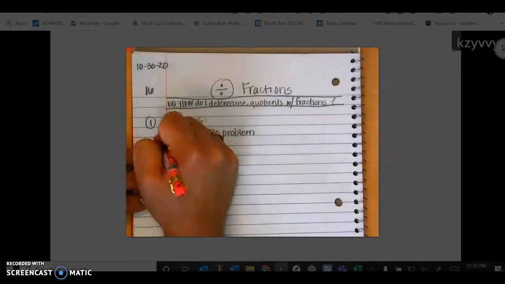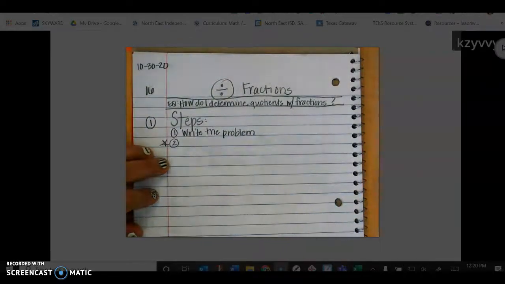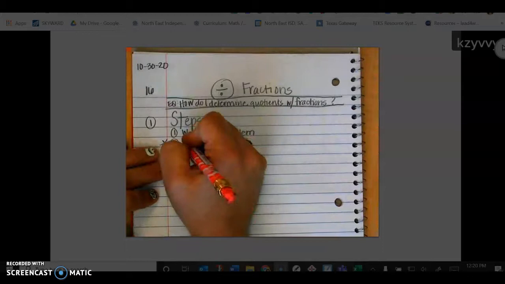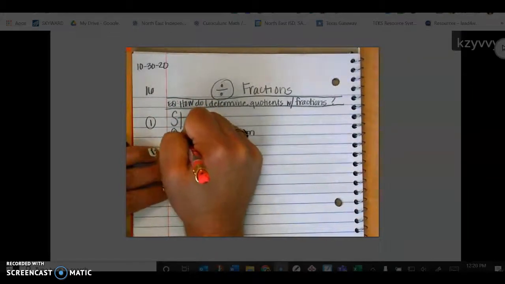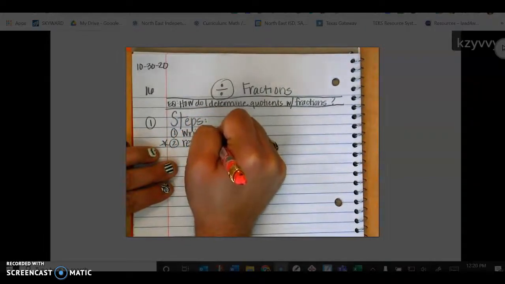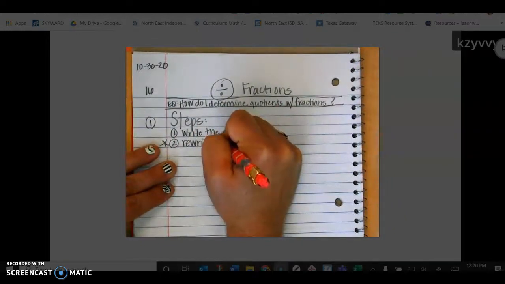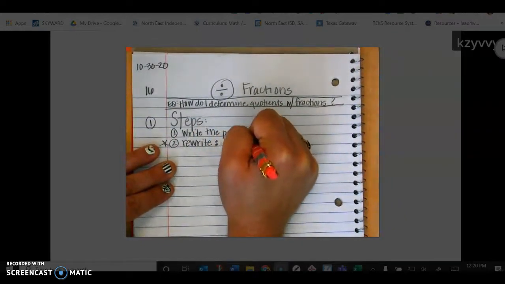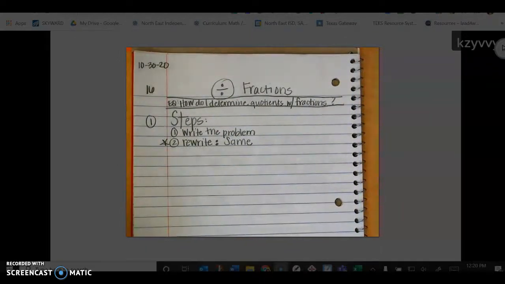Step 2, I'm going to put a star by because it's what's new. This step says that we are going to take our problem and you're going to rewrite it. But when you rewrite it, the first fraction is going to stay the same. Okay, the first fraction is going to stay the same.